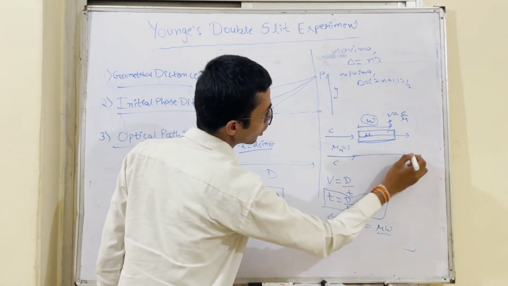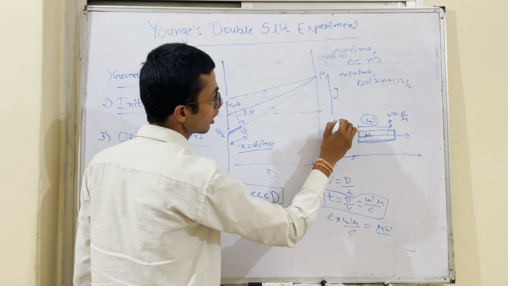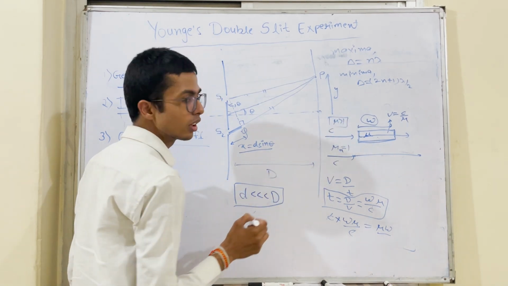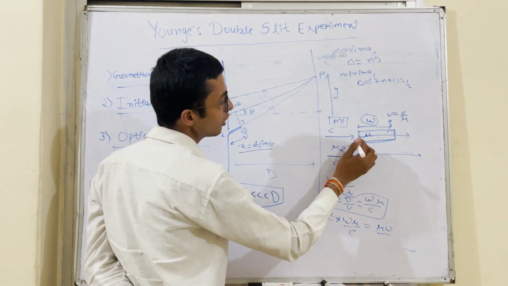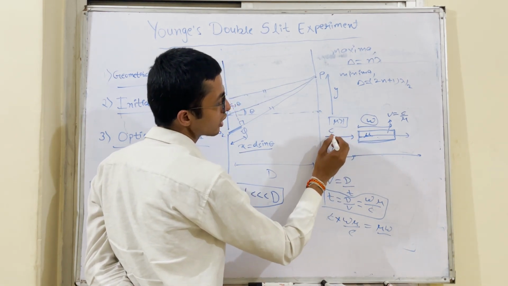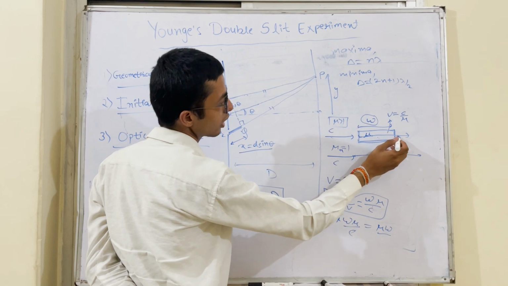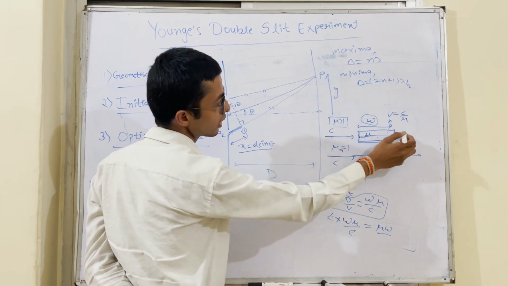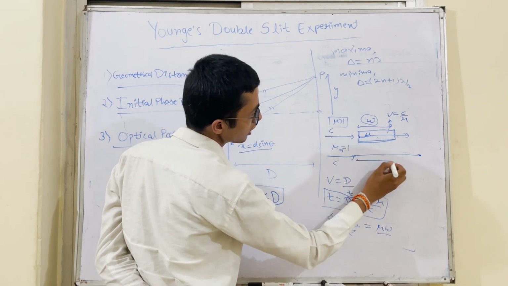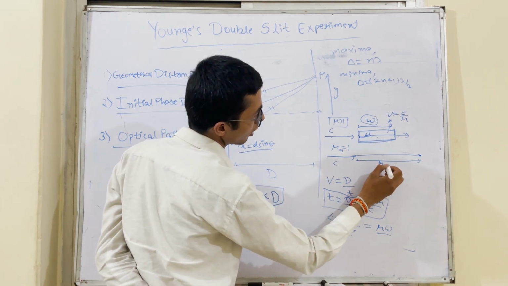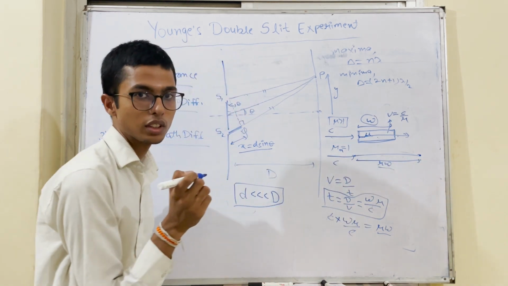Mu is greater than 1. So in the time in which this wave travels the width w in this medium, the wave in air travels mu w distance.